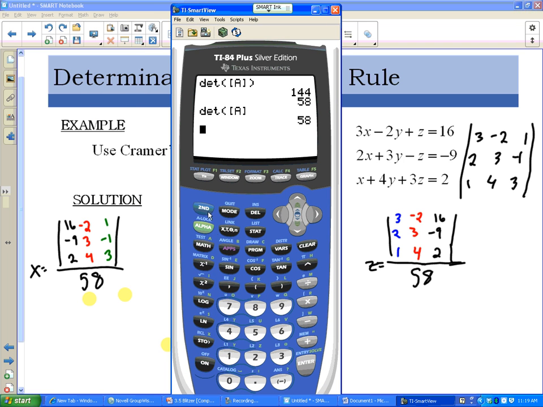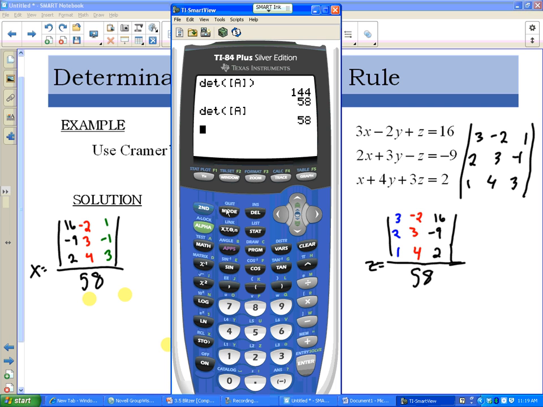So, second matrix, edit, A, still 3 by 3, 16, then the negative 2 is right, the 1 is right, and then negative 9, then the 3 is right, the negative 1 is right, then 2, then the 4 is right, and the 3 is right.